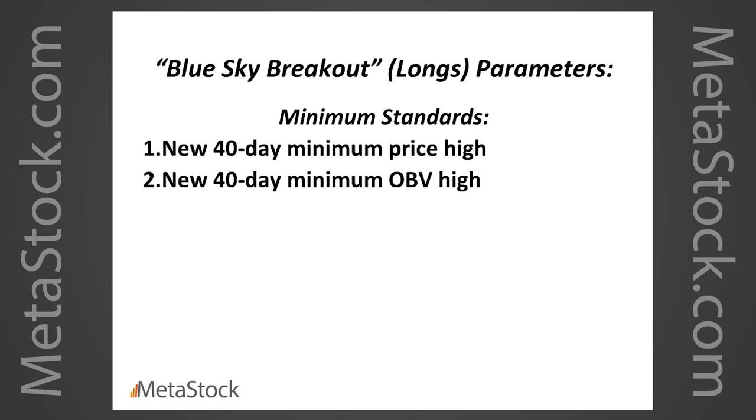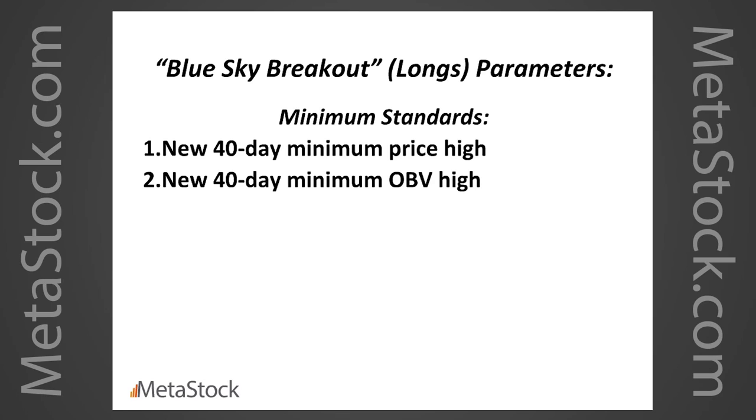If the stock closes up on the day, those shares are added to the running total. If the stock closes down, the shares are subtracted from the running total. And you'll get nice looking trends in the OBV. And you can smooth that out with a moving average, which I like to use. You'll see that in a moment. It will give you a good sense of whether volume is also breaking out to new highs or whether it's not. And if it's not, we don't want to trade that breakout. Okay, so those are the minimum standards.